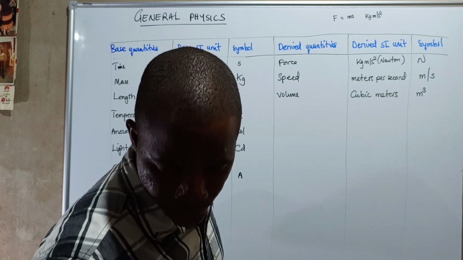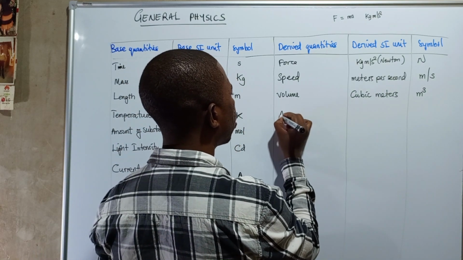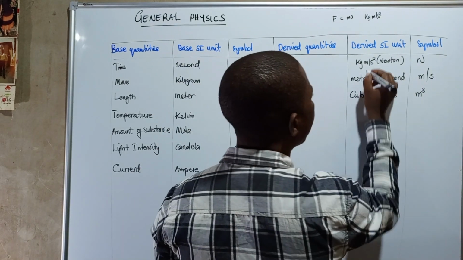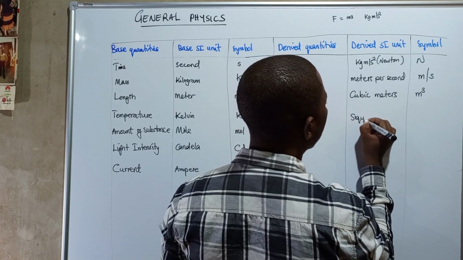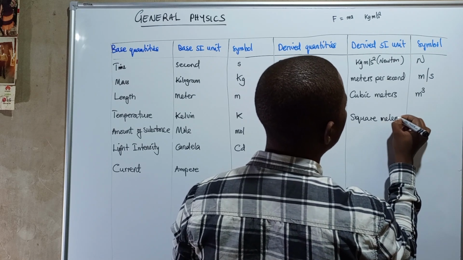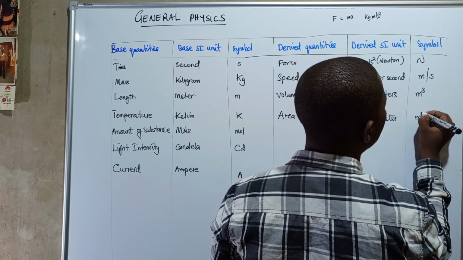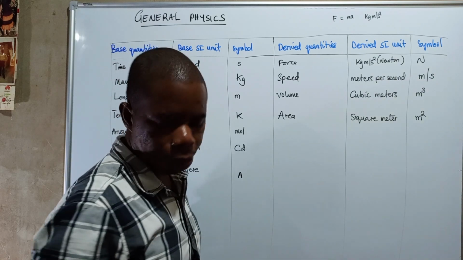Then another one is area. Area is measured in square meters, which is m to the power 2. That is the SI unit for area.